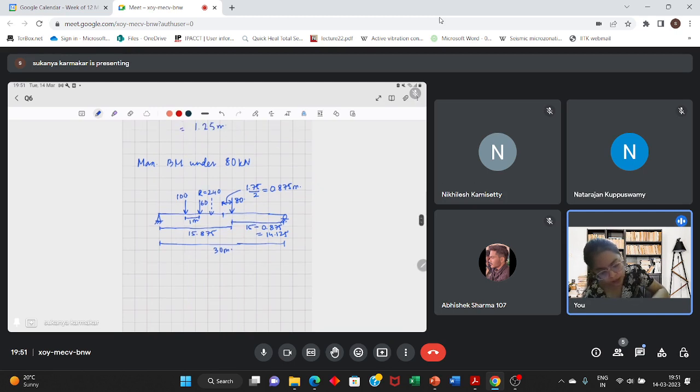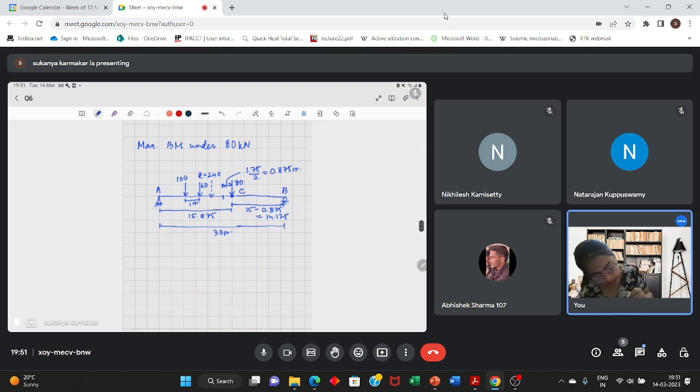The maximum bending moment is under the 80 kilonewton load, at this point E. So you will have to draw the ILD for this point E. Let me name this A, B, and C. So draw the ILD of bending moment at C. We know the ILD looks like this.